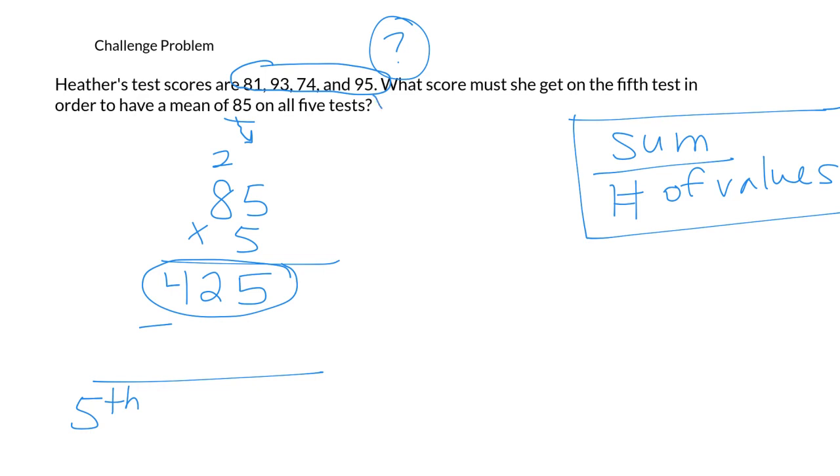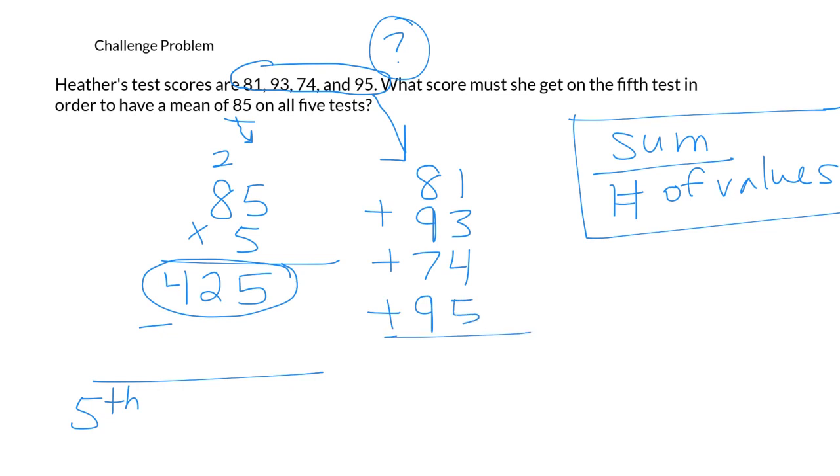Okay, so next I'm going to draw a little arrow here. I'm going to line these up by place value and start doing my addition and regrouping. So 81 plus 93 plus 74 plus 95. Okay, now I'm going to keep modeling that same strategy that I've been using over and over again on this review. And I am going to regroup this into friendly numbers. So right here I see that 4 and 1 makes a 5, plus 5 is 10, plus 3 is 13.